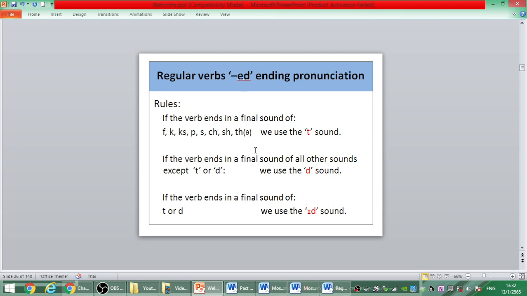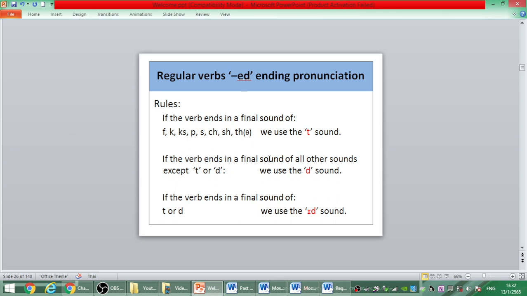So how do we know which one to use? When to use the T, when to use the D, and when to use the ID. If the verb you use ends in a final sound of F, K, X, P, S, Ch, Sh, or Th, we use the T sound.